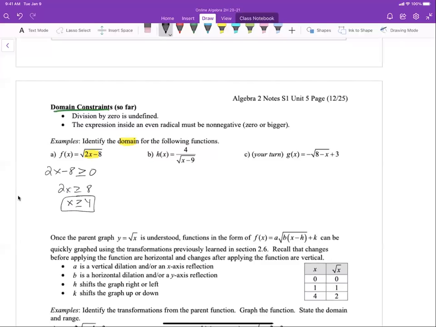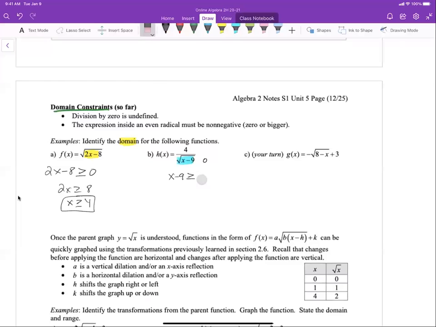Now in B, we have two situations. One, we have an even radical, so we know that x minus 9 has to be greater than or equal to 0. Well, if it was equal to 0, I would then be dividing by 0, because the square root of 0 is 0.